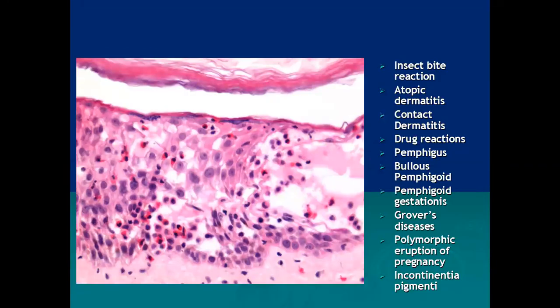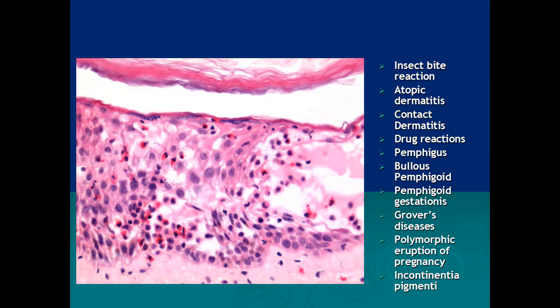So this is a picture in which you can see lots of spongiosis with lots of eosinophils. The presence of eosinophils in epidermis and dermis points towards three main differentials. The first is an atopic condition. Number two is a drug reaction. And number three is an insect bite reaction.